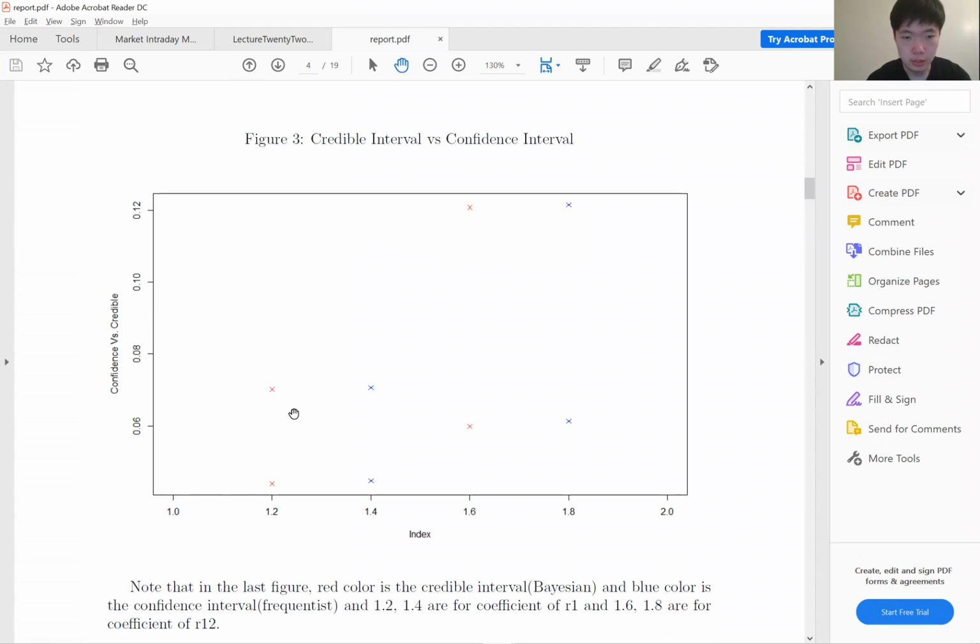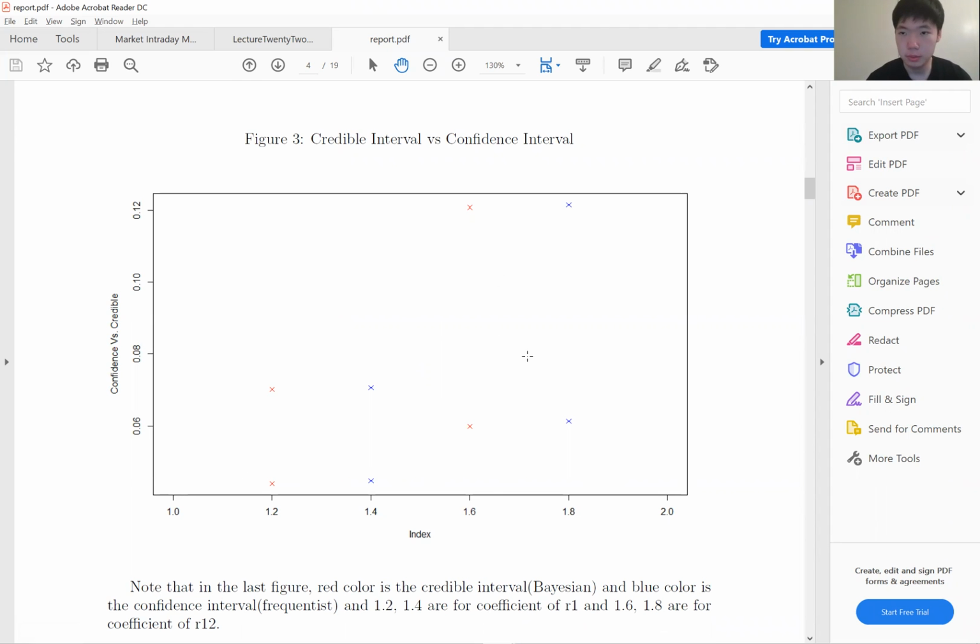The red dots are the credible intervals, the blue dots are the confidence intervals, and the first two are the intervals for return 1, and the second two are the intervals for return 12. They're quite similar, but they are not the same, because in Bayesian inference, we are justified in stating that we are 95% confident that the coefficient will fall between these 2 points.